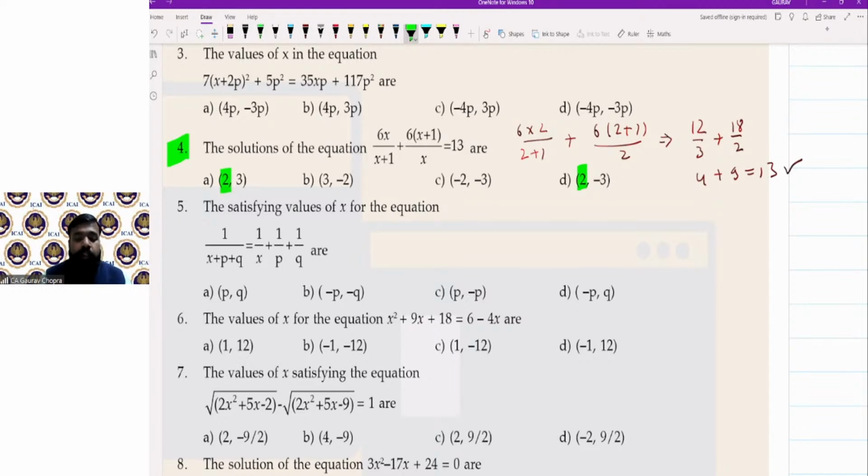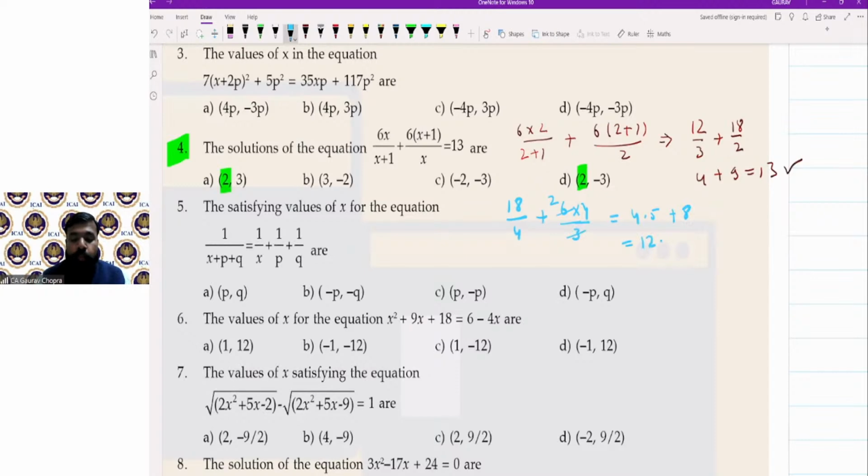So let's check option A. 6 into 3 is 18 upon 3 plus 1 is 4, plus 6 into 3 plus 1 is 4 upon 3. So how much are we getting if we cancel them? 18 upon 4 is 4.5 plus 8.